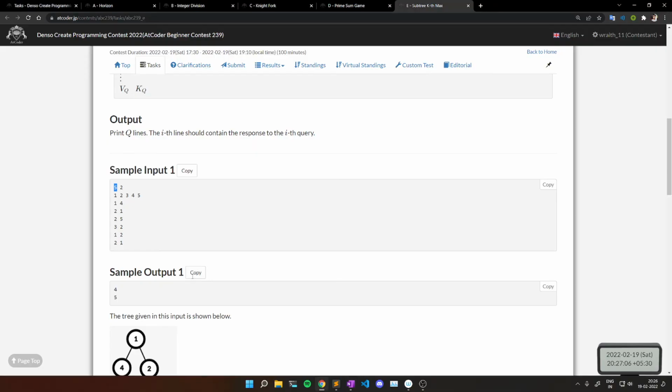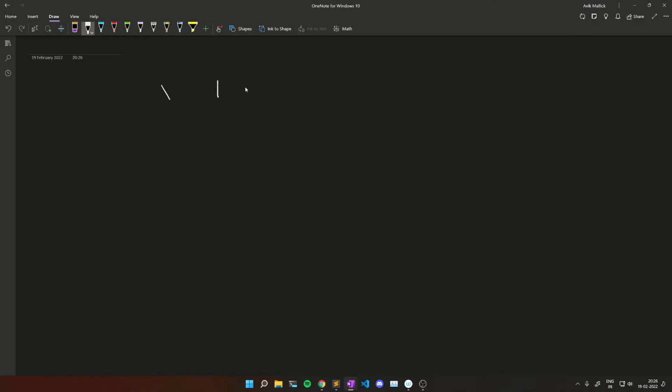Here for explaining I will use vertex 1, but in the code I will start from vertex 0. So here the 5 vertices, the values on the vertices are 1 2 3 4 5, which means nothing but on the first vertex 1 is written, on the second vertex 2 is written, on the third vertex 3, and so on.